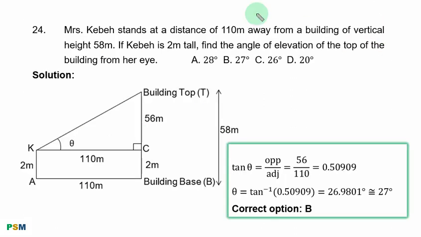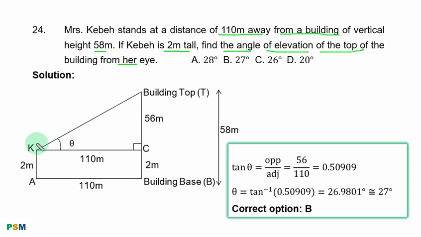Question 24. Mrs. Kebe stands at a distance of 110 meters away from a building of vertical height 58 meters. If Kebe is 2 meters tall, find the angle of elevation of the top of the building from her eye.